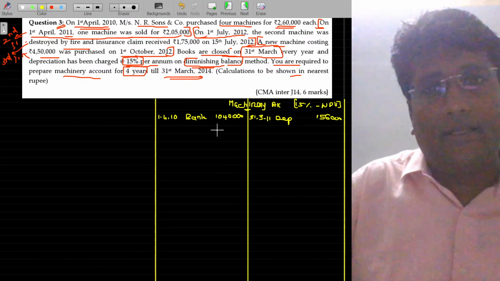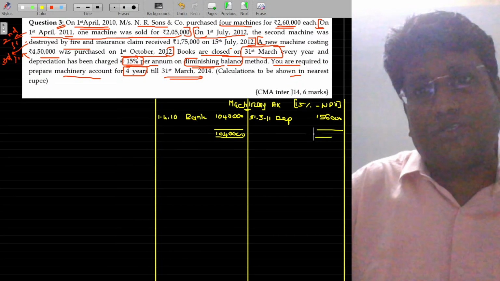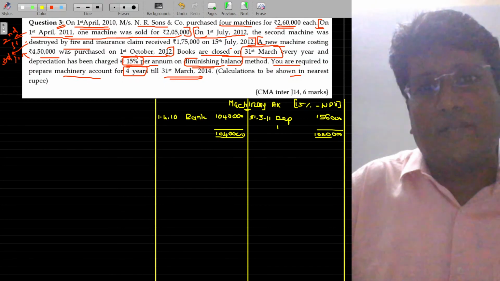And you can tally this, no more transactions, I will close this. 10 lakhs 40,000 rupees. And the balance I am getting here, balance carried on as on the date being 8 lakhs 84,000.